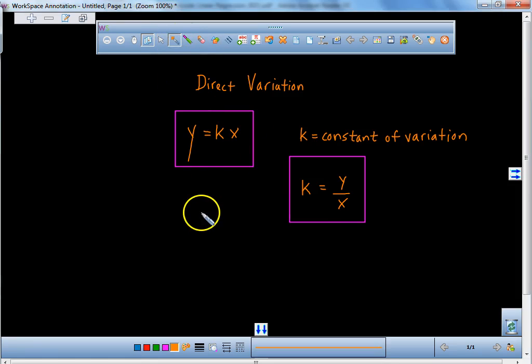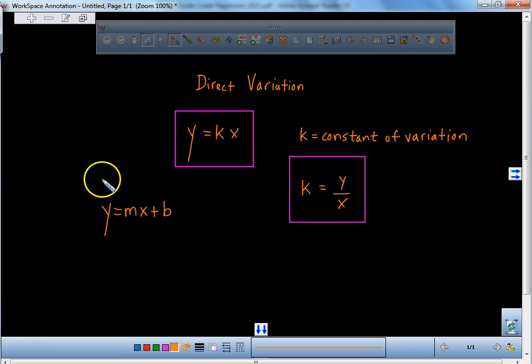Now, this may not seem familiar to you, but something I'm about to write down should seem familiar. Now, this form is what form? Slope-intercept form. I'm going to put y equals kx right underneath it, and I want you guys to look how very similar these forms are.